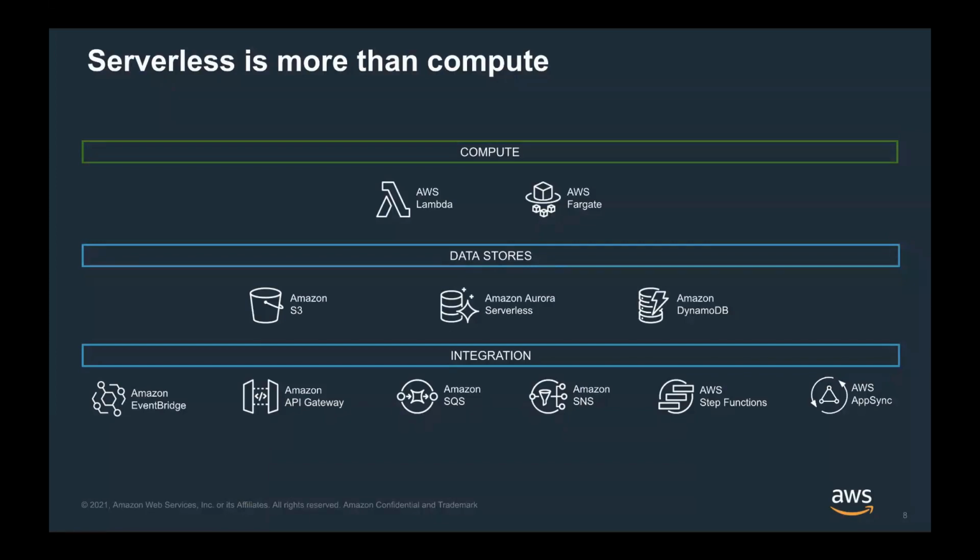The technology has evolved, and it's a continuously evolving space where, yes, you have the compute layer, which is Lambda and Fargate, but then you also have the data layer, including S3 and Aurora, which is a relational database, as well as a lot of different integration layers, such as API Gateway, SQS, SNS, and so on. So all of those fit into the serverless space, and it's not just focused around compute, it's actually driving business functions in some of these cases, as well as helping you develop the core functions.